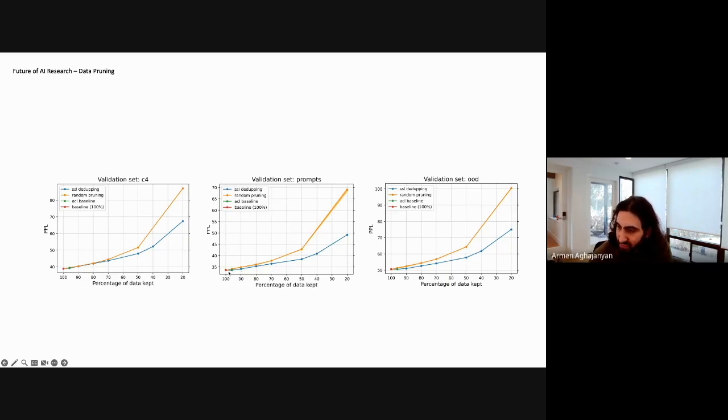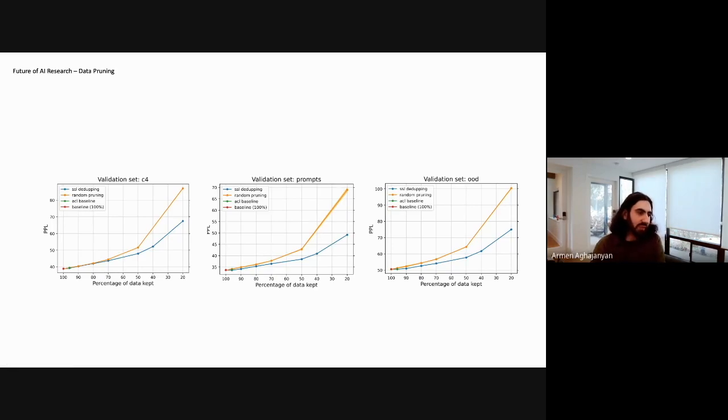As you can see, we can cut out maybe 10% of the data with very minor changes, and we can even cut out 80% of the data and still have something like a 30-point perplexity improvement over just randomly cutting out data.